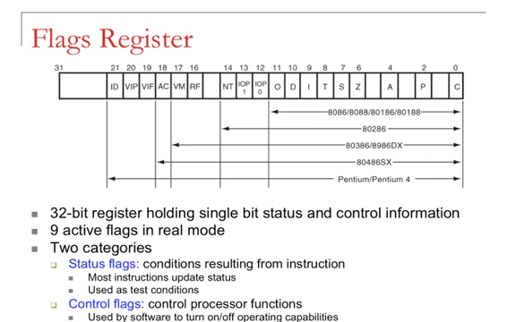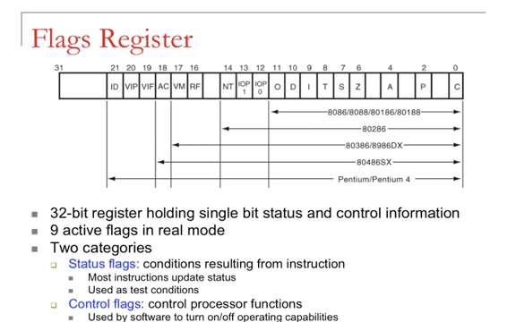Out of all of these bits, there are two categories of information. First one is the status flags. Status flags are used to report the conditions resulting from an instruction, most often one that just completed.